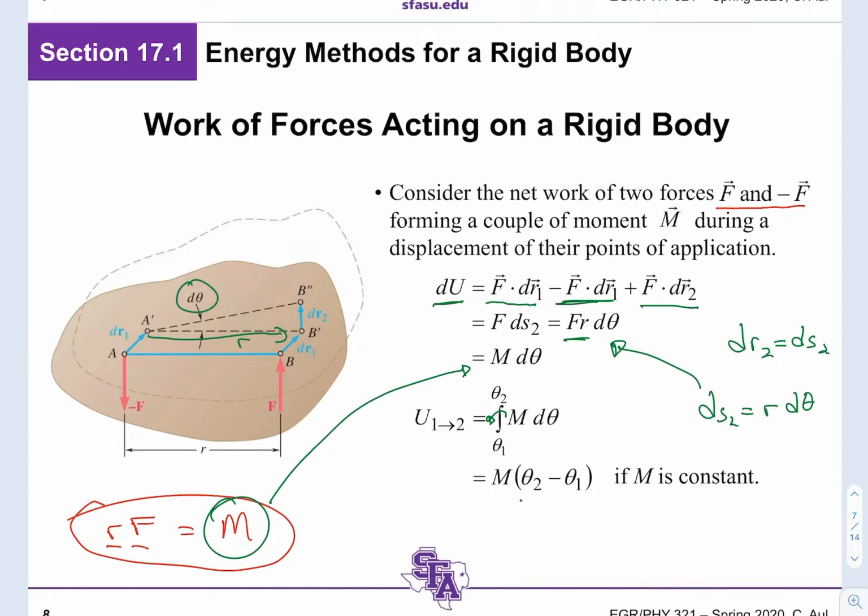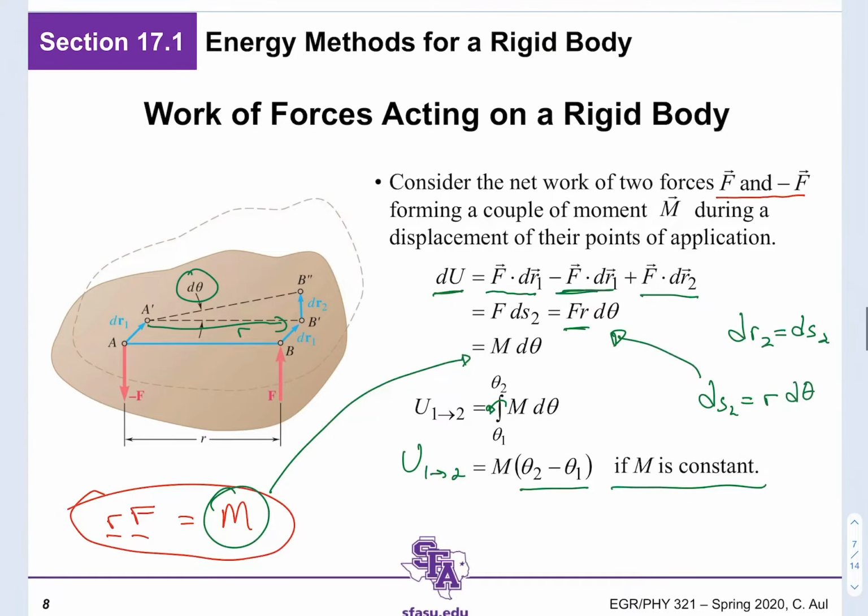When I do that, I get the integral from theta 1 to theta 2, and I have the moment inside of the integral there. One step further, if we're assuming through this point that M is constant, I can just pull this out of my integral, and then I'm left with the integral of d theta, and so that gives me theta 2 minus theta 1. This is only the case if M is constant.